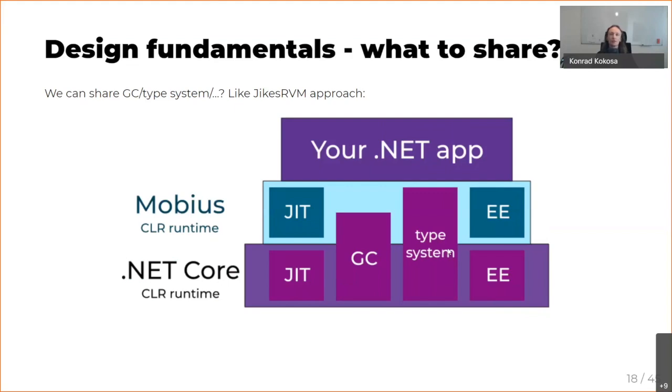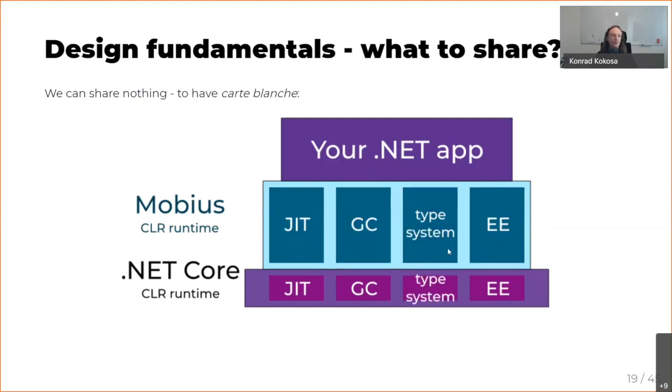But it would introduce some limitations, and I was really thinking about encouraging experiments, so I didn't want to have any constraints. So the obvious choice was to share nothing, and to have a totally new thing that you will be able to implement. So there is totally nothing shared between Mobius and .NET Core. Everything needs to be written from scratch, which is nice.